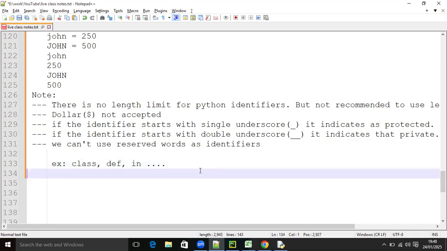We can't use these reserved words as identifiers.